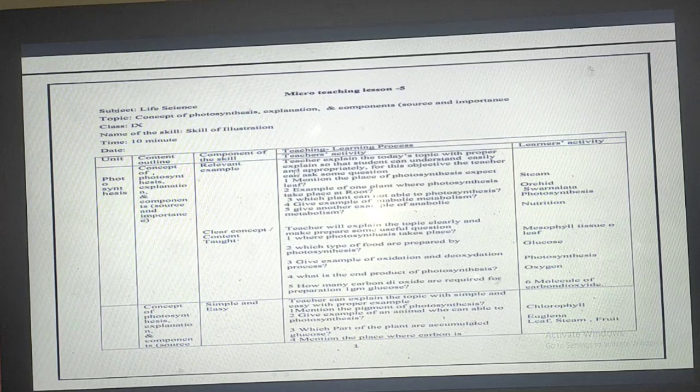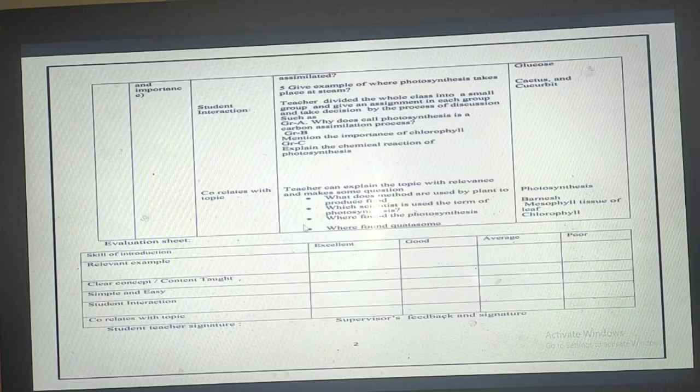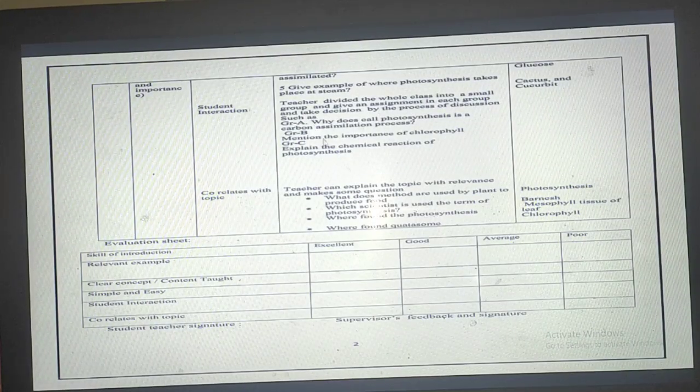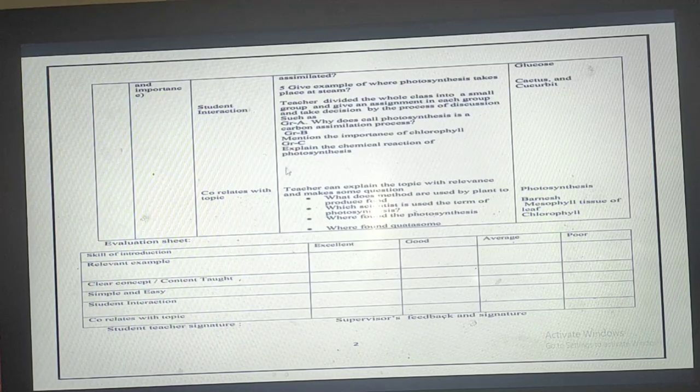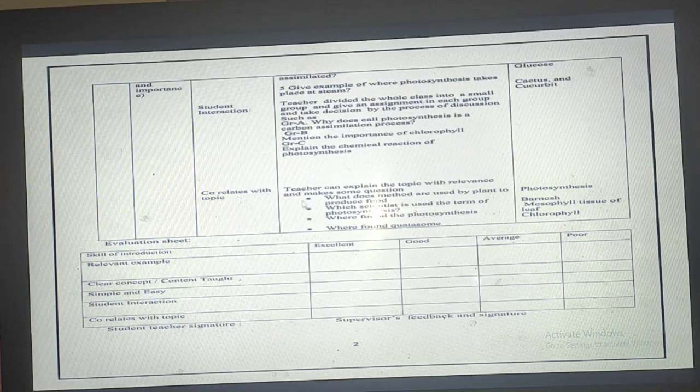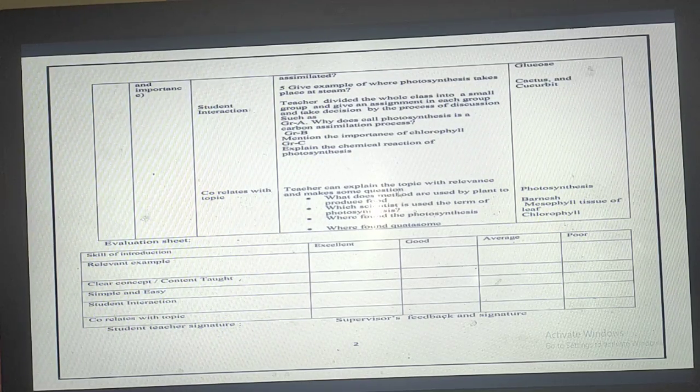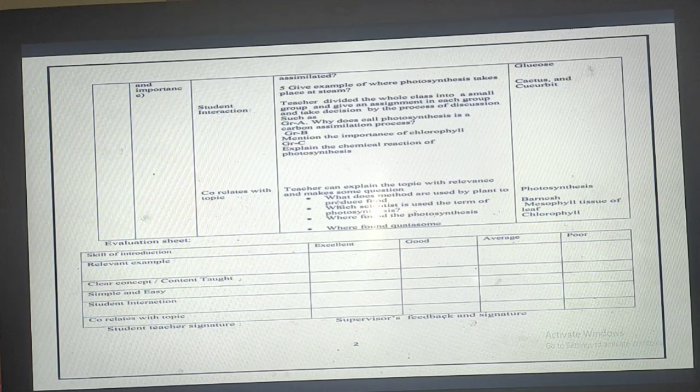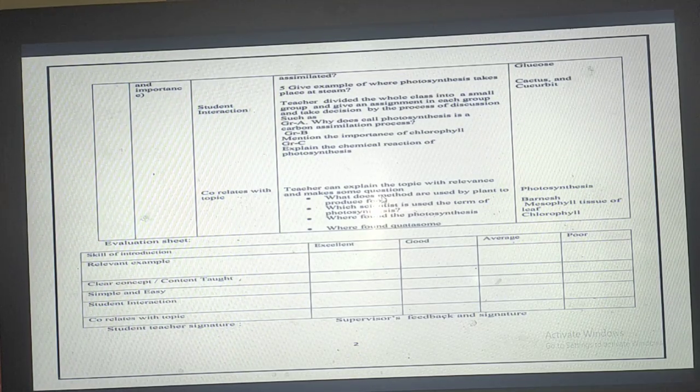Relevant example: here are some questions according to the example. Clear concept: the teacher discusses or elaborates the topic clearly. Simple: the language should be simple and easy. The teacher has to maintain student interaction. Correlate: here the teacher can explain the topic with relevance and make some questions.